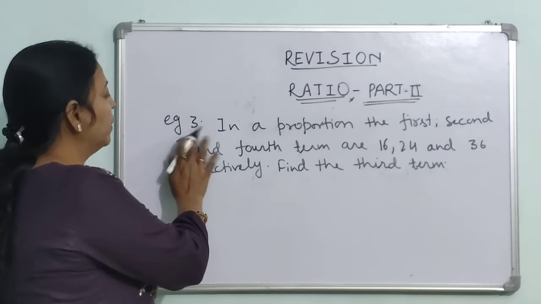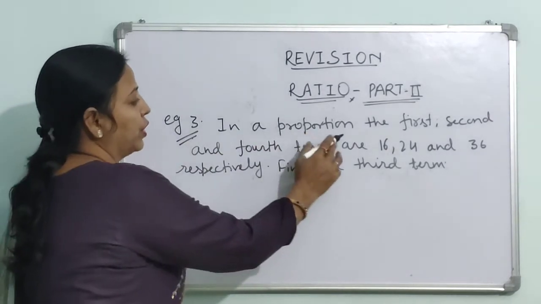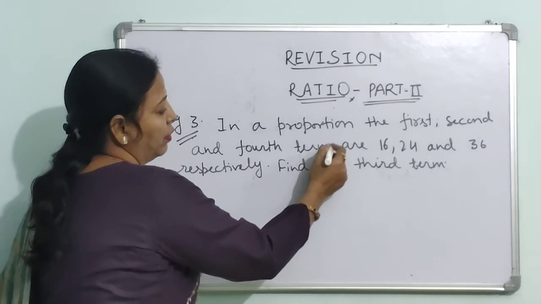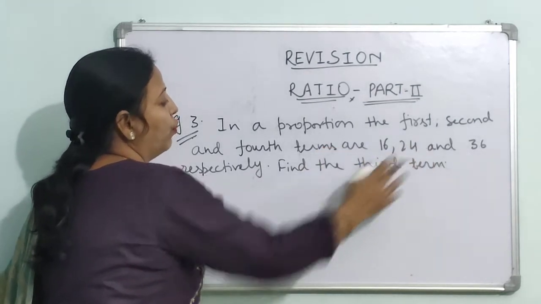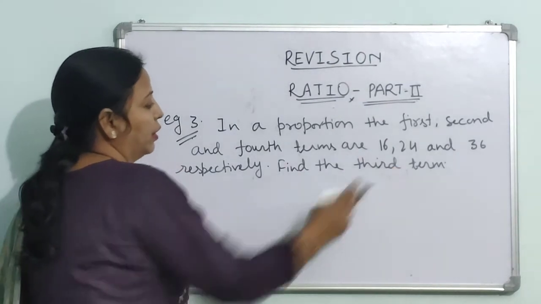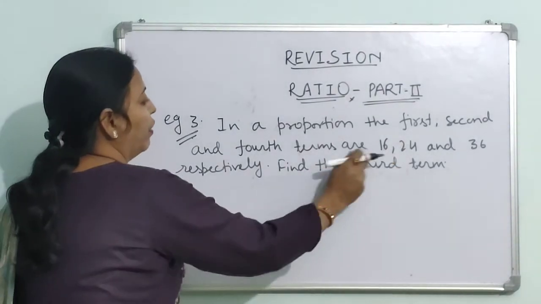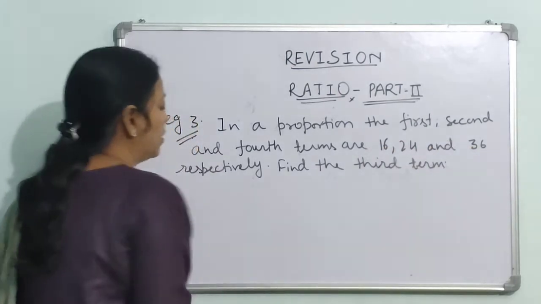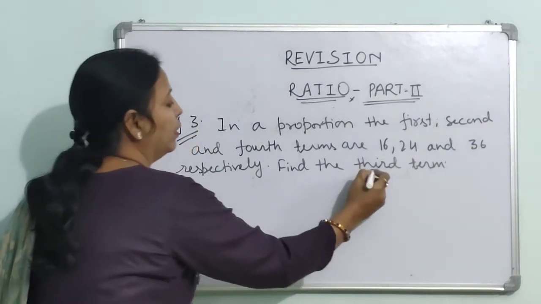Now example 3. In a proportion, the first, second and fourth terms are 16, 24 and 36 respectively. Find the third term. So three terms are given: the first term, the second term and the fourth term. You have to find the third term.